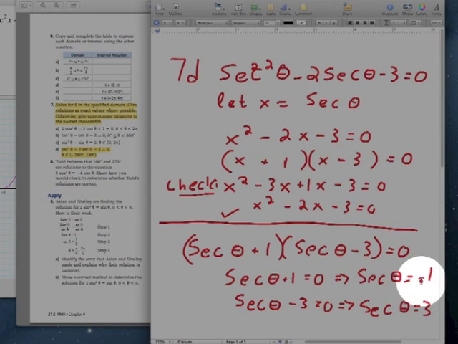So secant theta could be negative 1, or secant theta could be 3. Those are the answers to this situation, and what it wants us to do now is figure out what the trigonometric values of these two things would be. So let's take a look at those. I'm just going to clear this part of the work so we can go on to the next part.